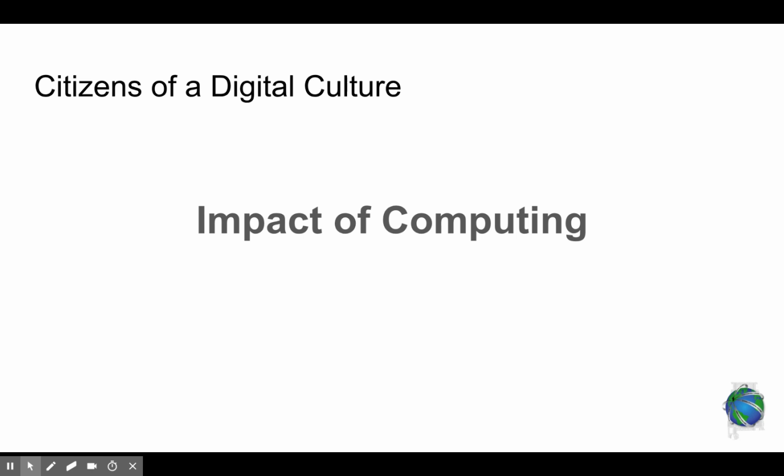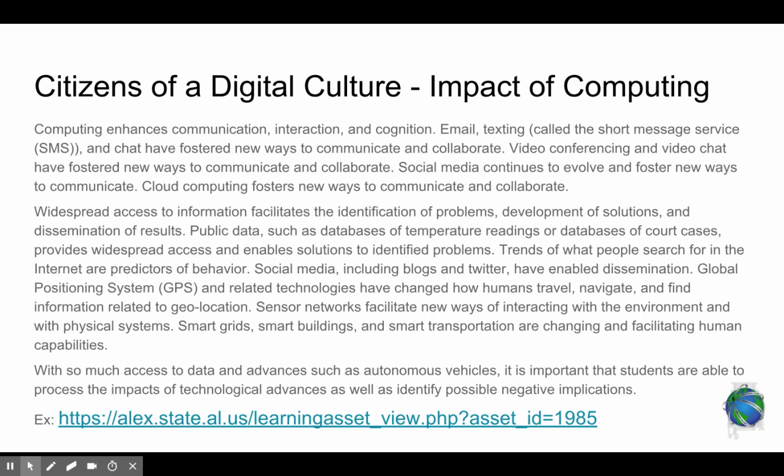The impact of computing. There are so many ways that computers impact our lives daily. It's just about impossible to think about going through a day without having a digital impact, whether it's the phones that we carry and how they have the ability to help us by knowing where we are, to geolocate us, to help us find the best route to follow to get to our destination, but also the opposite of that, where the phone can tell where we are pretty much at any time.